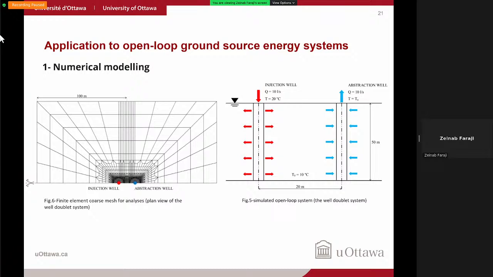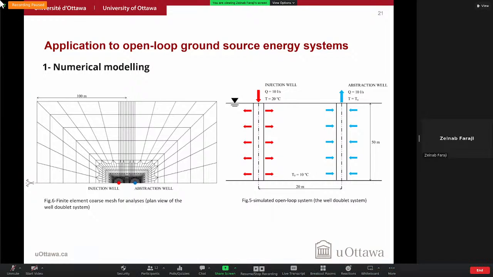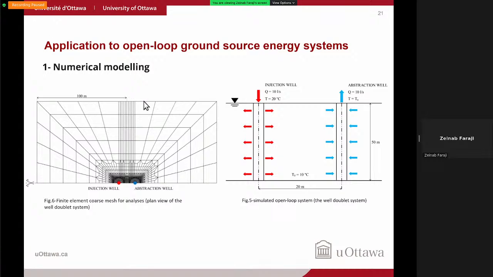At the abstraction well, where the water is leaving the mesh, the coupled thermohydraulic boundary condition was applied. The thermal boundary conditions were applied after establishment of a steady state water flow between the two wells.